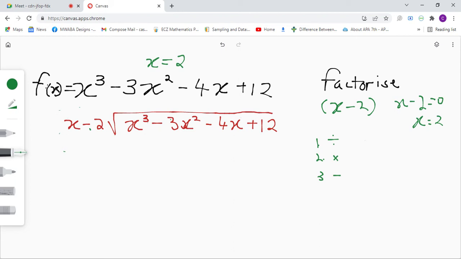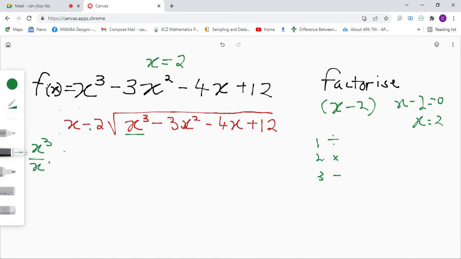So what do I mean? We're first going to divide x cubed by x. So say x cubed divided by x.